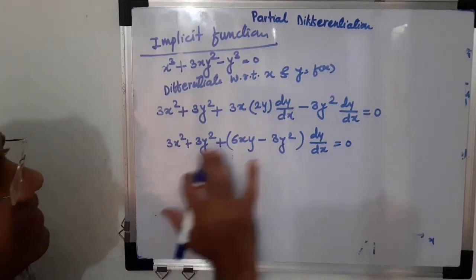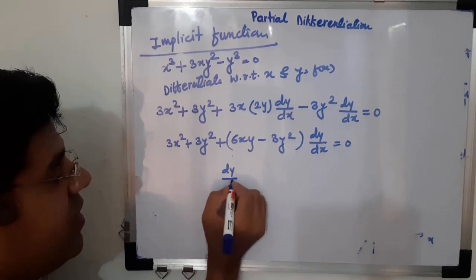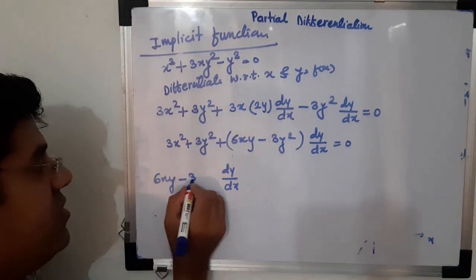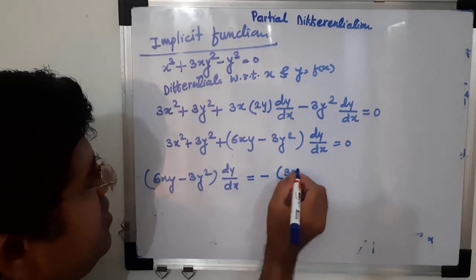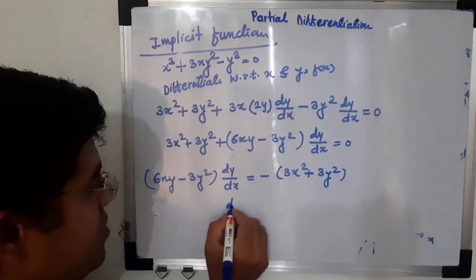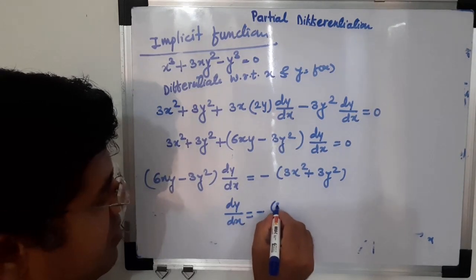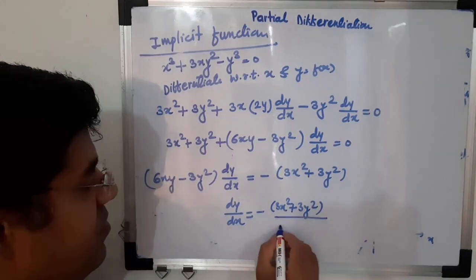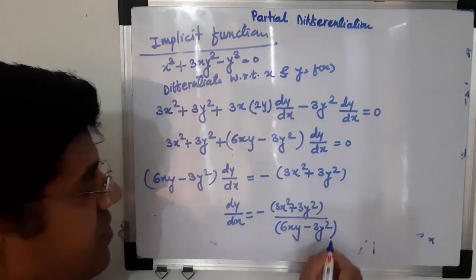I'll send that term over here and divide, so I'll get dy by dx. Or I'll write one more step: 6xy minus 3y square equal to minus 3x square plus 3y square. So this is dy by dx, which is nothing but minus 3x square plus 3y square divided by 6xy minus 3y square.